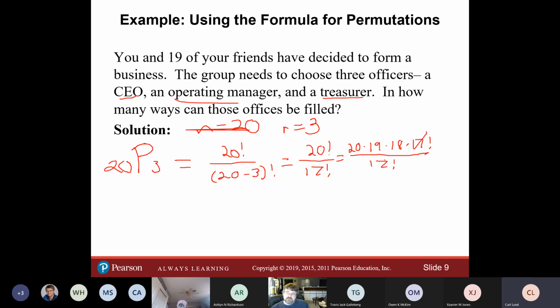Those 17 factorials cancel. So we have 20 times 19 times 18. I'm going to use my calculator off screen to do that multiplication. 6,840 ways.